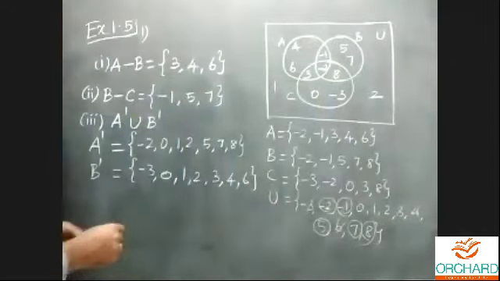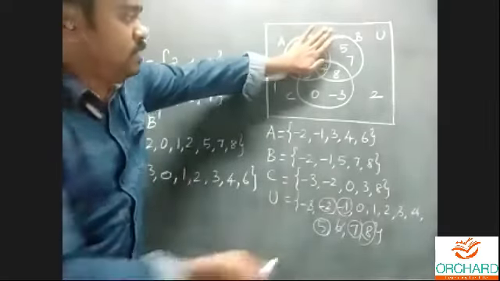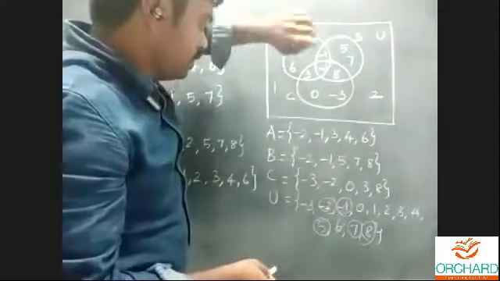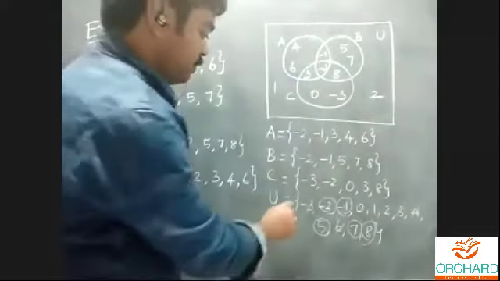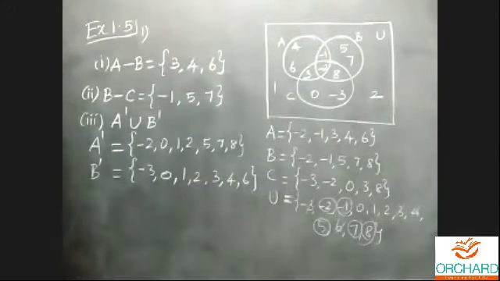Now look here. What is meant by A dash? Except A. Except A, now write down the remaining elements: -3. Sorry, I made a mistake.